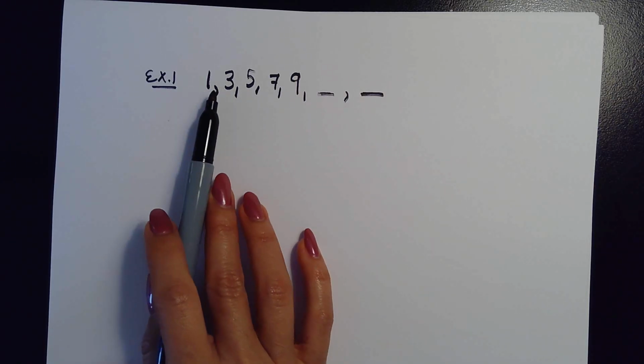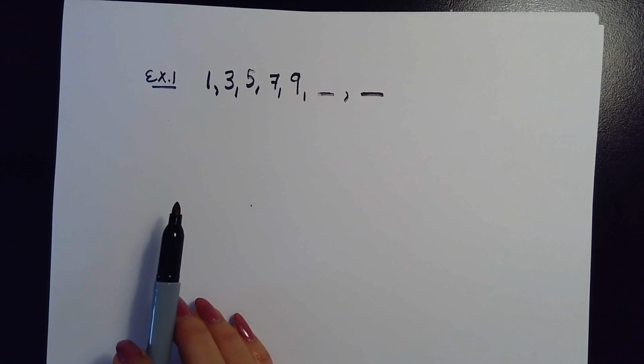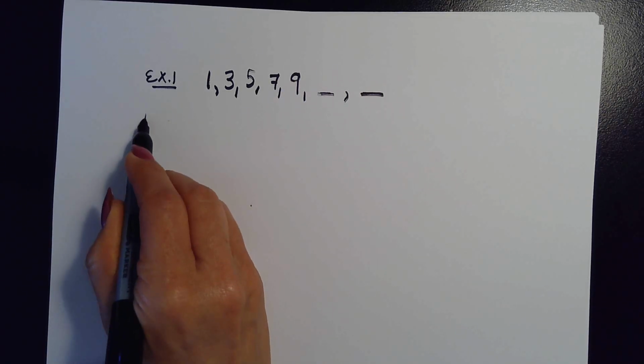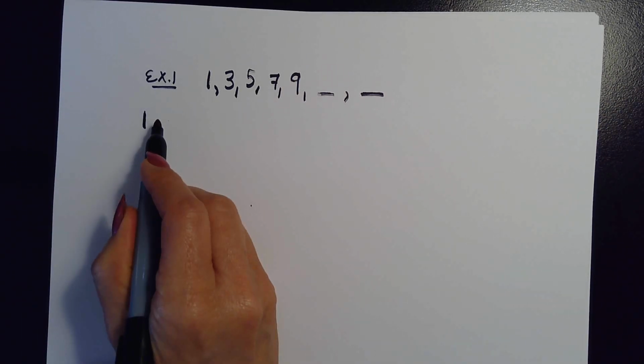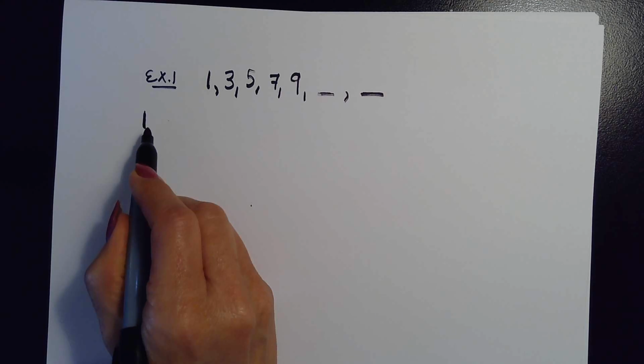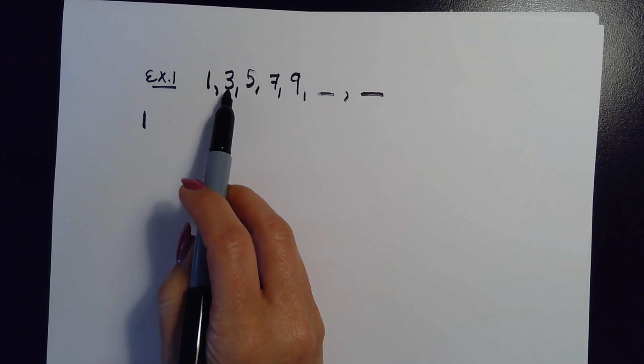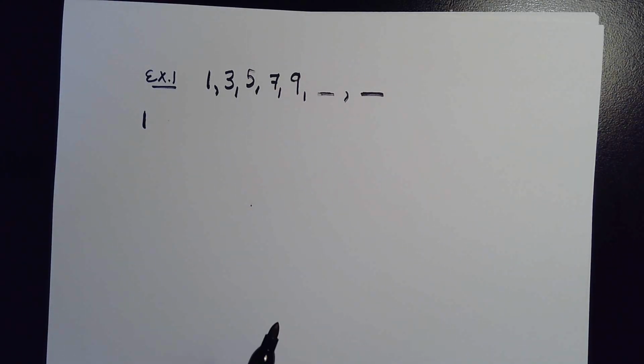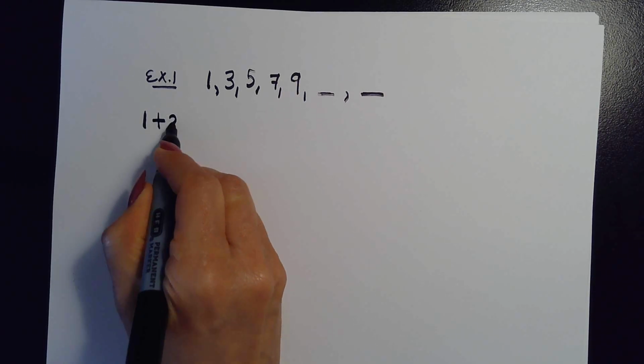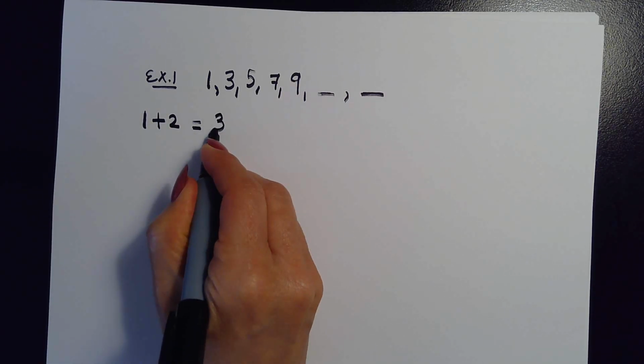So we look at 1, the first element, and what must we do to 1 to go to the next item, which is 3? So we add 2, right, and then we get 3.